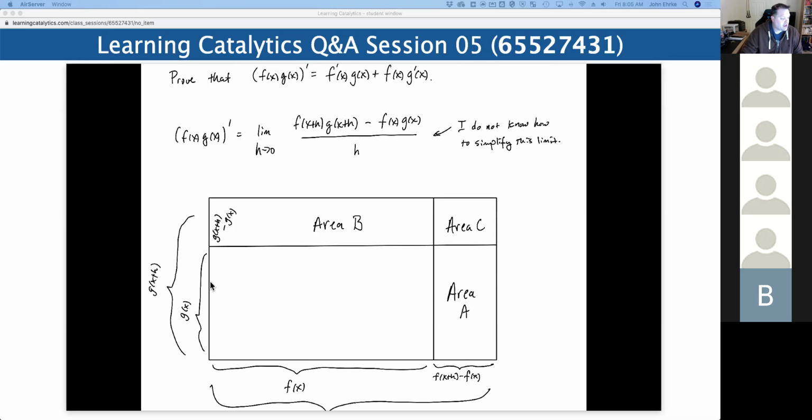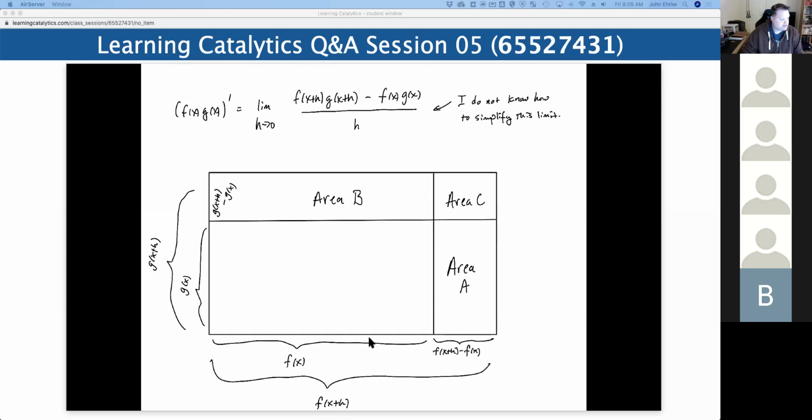Because if you look at the area of the entire rectangle, it is f of x plus h times g of x plus h, which is this term right here. So the entire area of the rectangle is the first term. And then f of x times g of x is this big rectangle here.